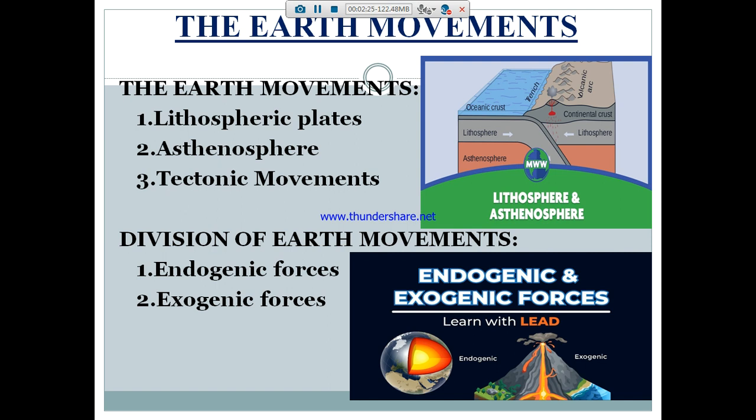After that we had seen about the earth movements. What is meant by that? The lithosphere is broken into a number of plates. It is called the lithospheric plates. Each plate, oceanic as well as continental, moves independently over what is called the asthenosphere.